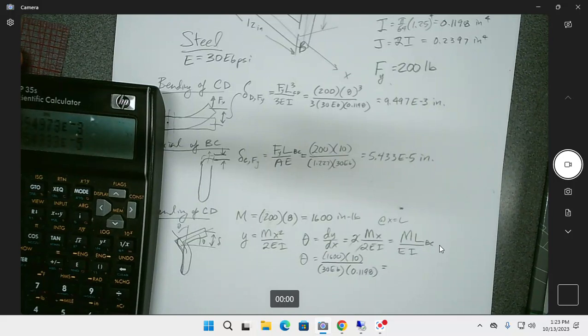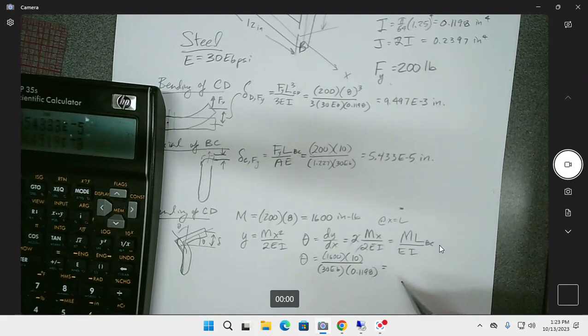So 1,600, 10, divided by 30E6, divided by 0.1198, and we get 4.4519E minus 3, but these are radians.